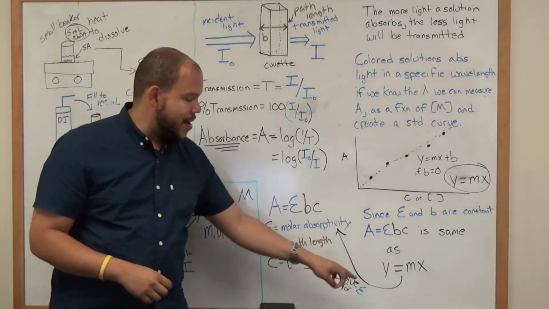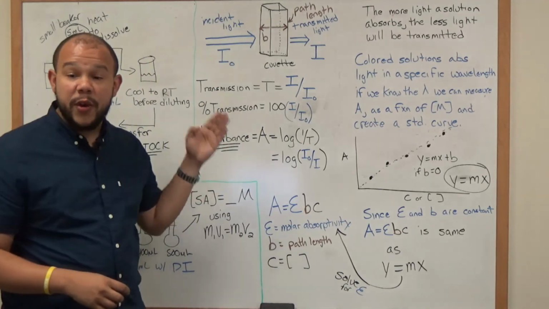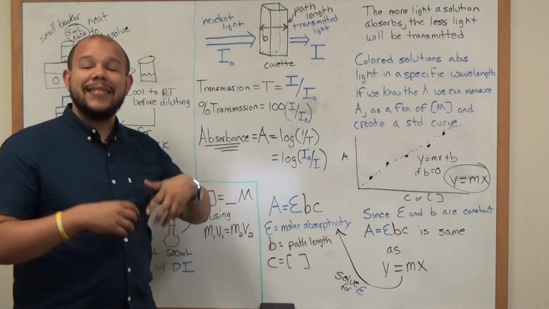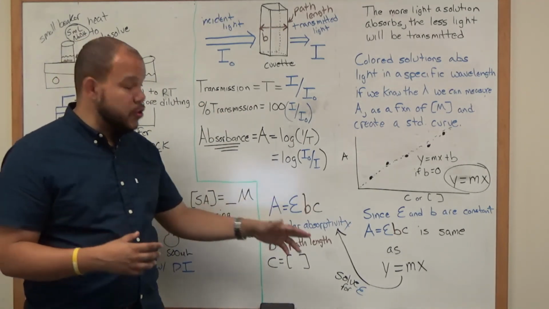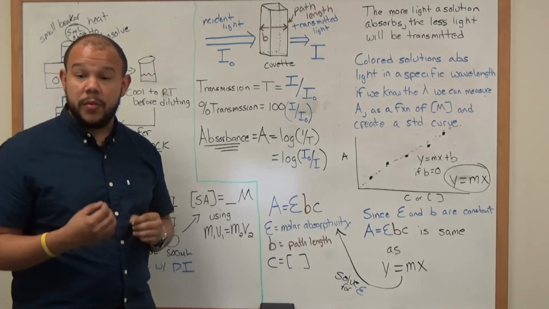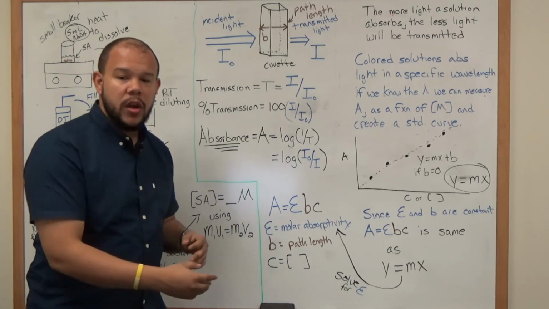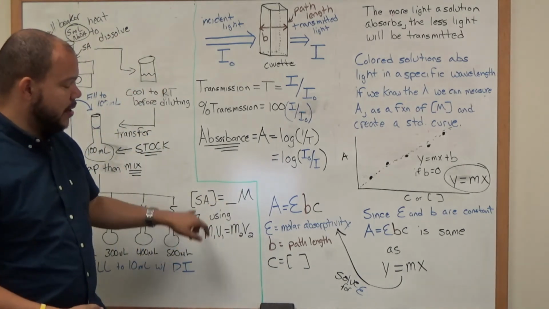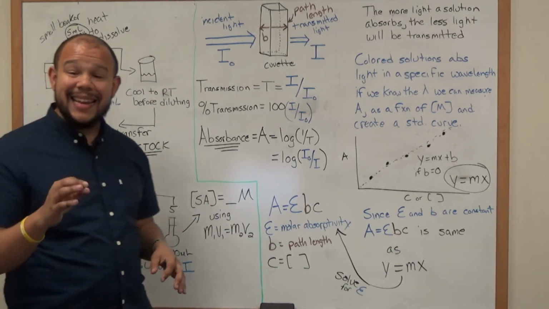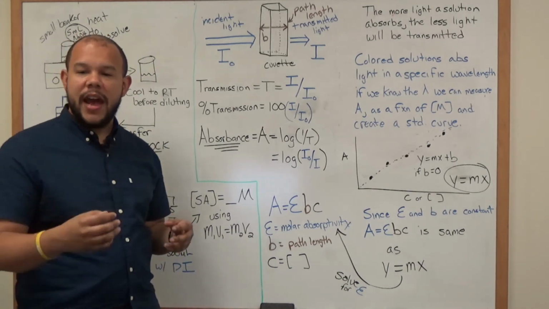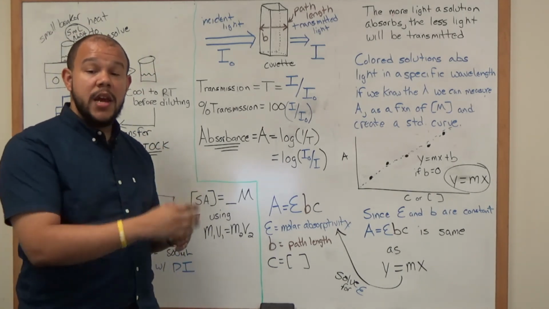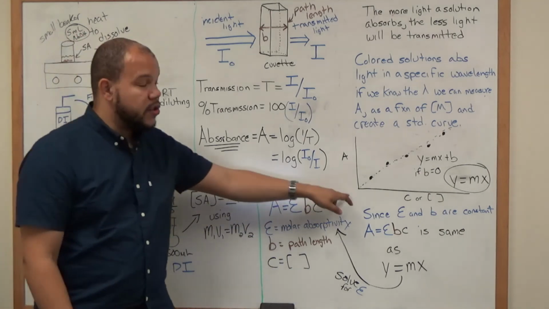And once we have created the standard curve, the next step in our experiment is going to be to use that data on the molar absorptivity to then determine an amount of this molecule, salicylic acid, that is in a commercial tablet of aspirin. So we are, again, indirectly going to be able to determine this by creation of a standard curve.